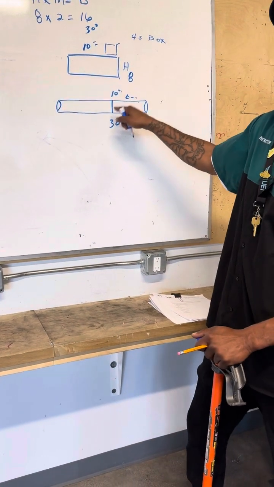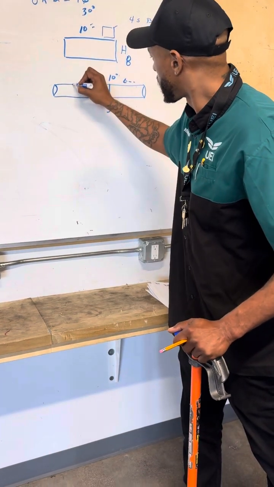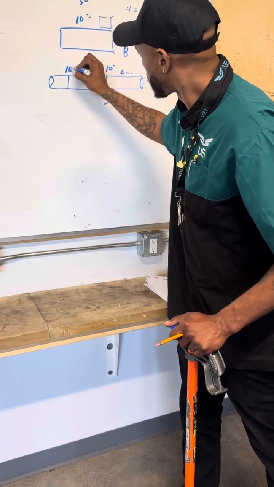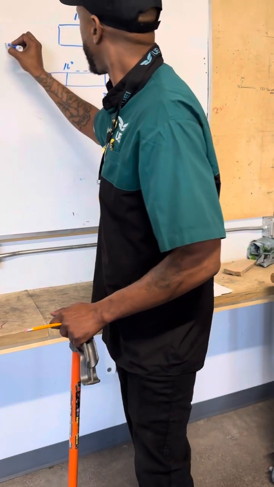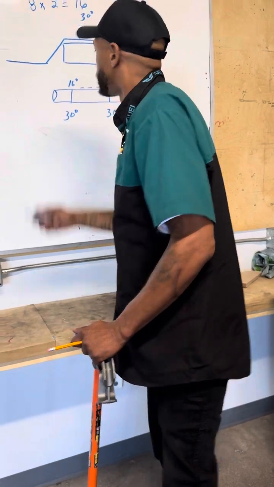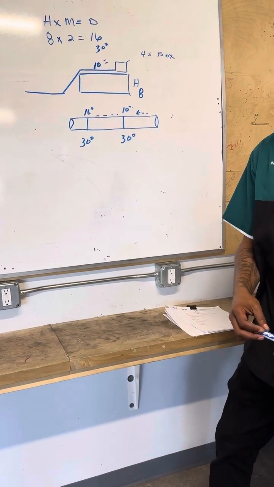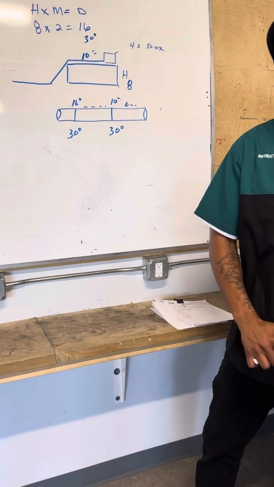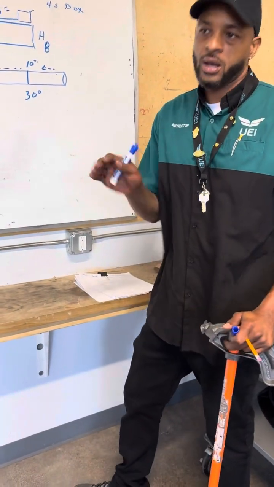So from this mark, I come back 16 inches and another 30 degree. And now my pipe will be like this. And that's how you use the multipliers on doing your offsets. In the next video, guys, I'll be demonstrating exactly how to use that and show you guys what it looks like in front of you.